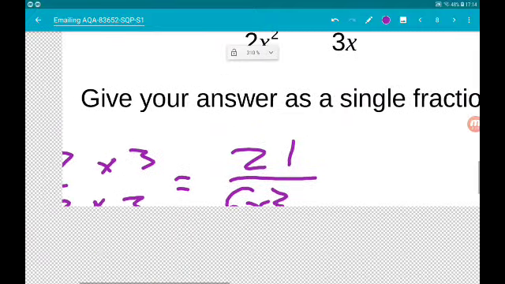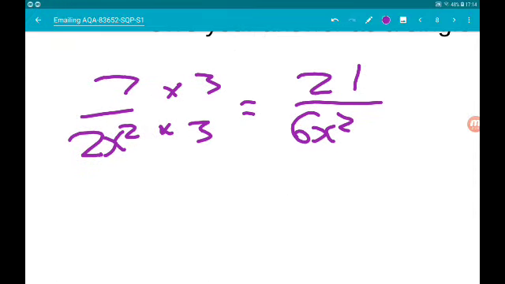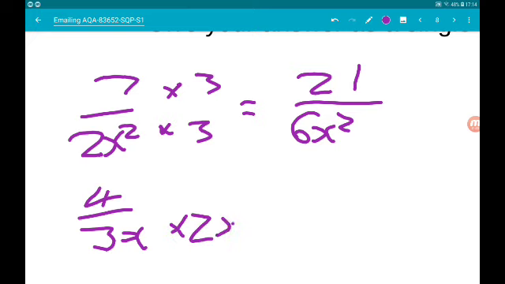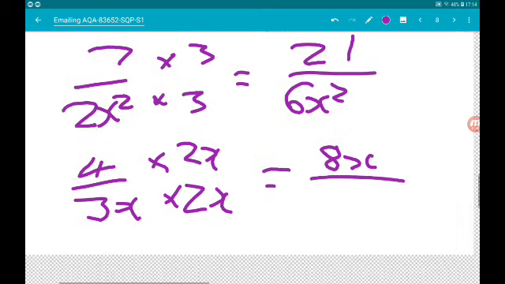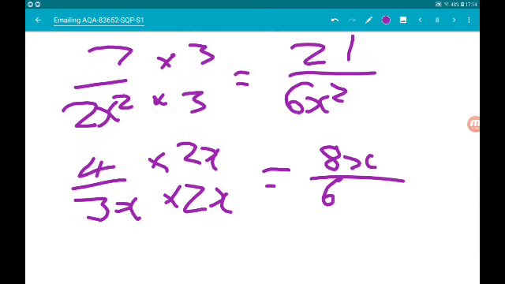4 over 3x needs us to multiply 3x by 2x. So we have to do that on top as well. So that's going to give us 8x on top and 6x squared on the bottom.